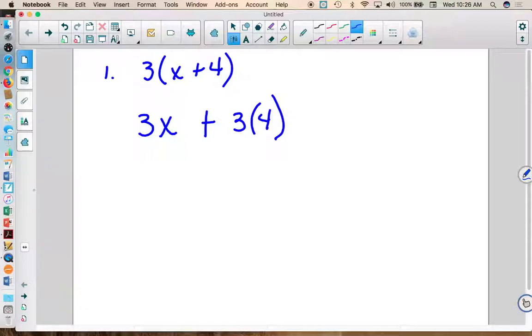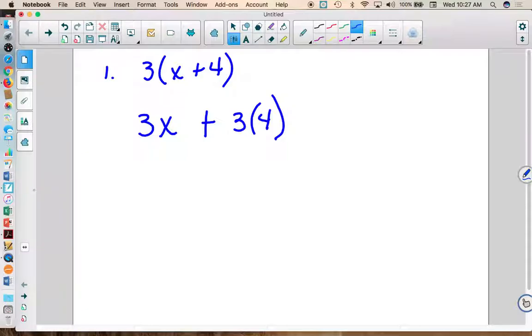That's how I share it. I have to share it with both parts or all parts that are inside those parentheses. Doesn't matter. There could be 10 parts in those parentheses, and I'd have to share it with all 10 of them because I want to be fair to everybody in the class.